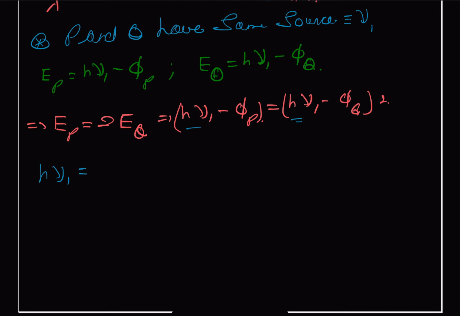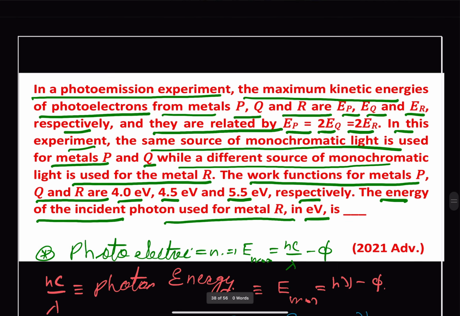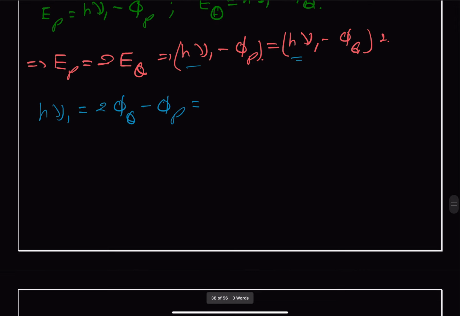equal to 2 phi Q minus phi P, and phi Q is 4.5.